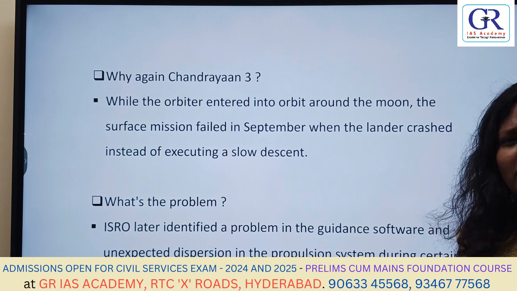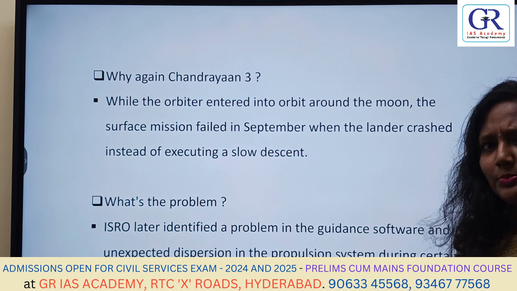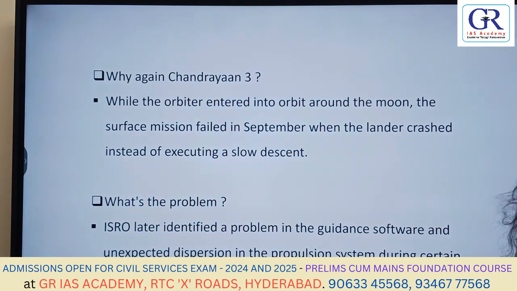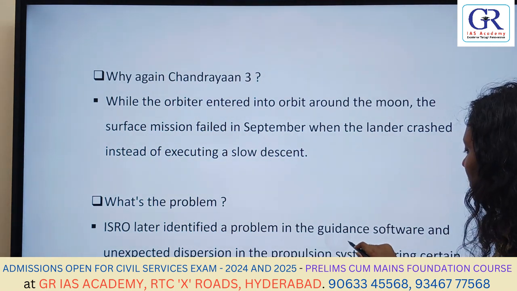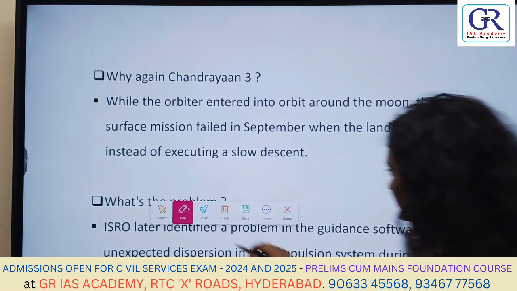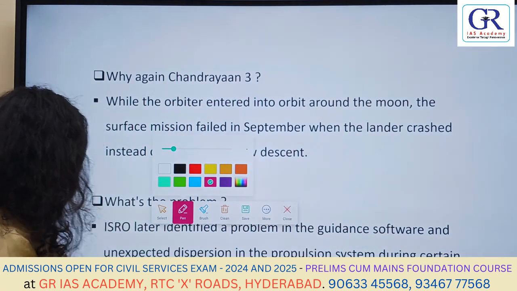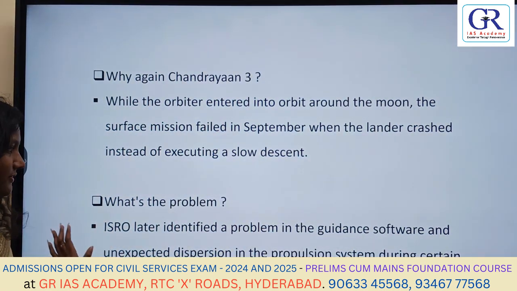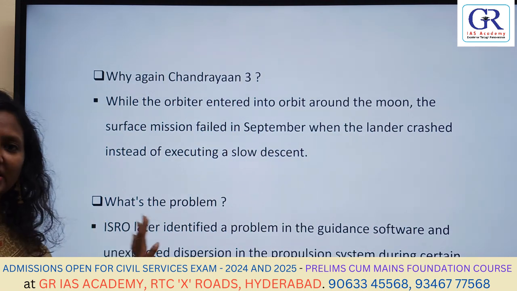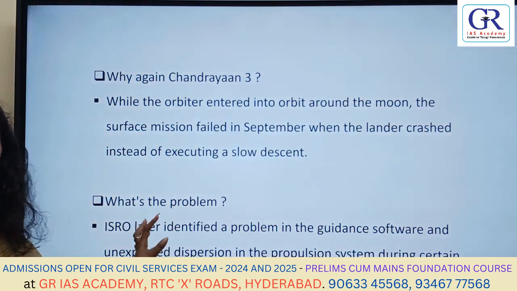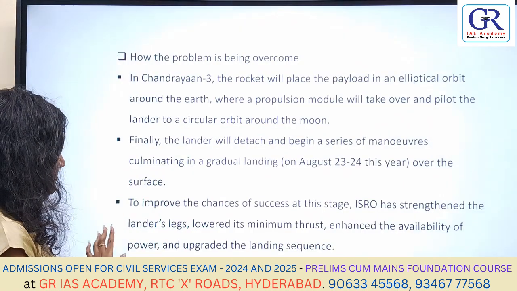ISRO later identified the reason: there was a problem in the guidance software, and also there was an unexpected dispersion in the propulsion system. After understanding this issue, ISRO thought they could overcome it and launch Chandrayaan 3 successfully.